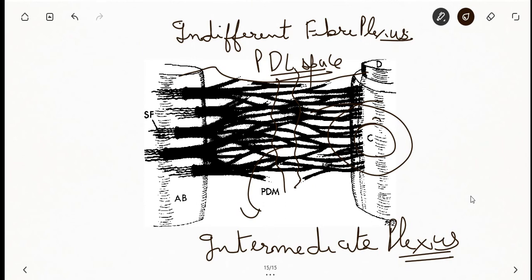In addition to these fibers, some small collagen fibers run in association with the large collagen fibers, that are described as the indifferent fiber plexus.